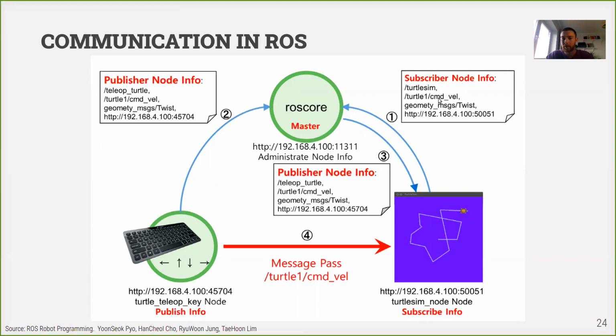It subscribes to the turtle1/cmd_vel topic, and it has a particular address, because under the hood, ROS actually uses TCP/UDP type of communication. So each node and each topic have their own addresses, and ROS master is responsible to remember these addresses and to give them to other nodes when they're asking.